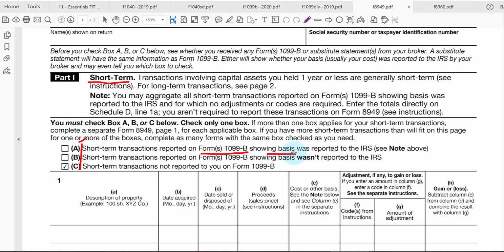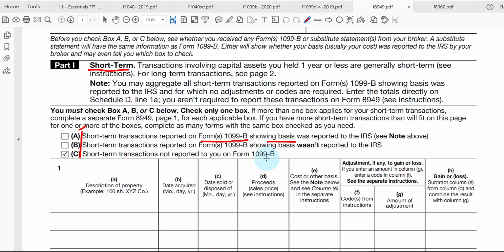So what we would do is write in the detailed transaction describing what was sold, the date the taxpayer bought it, the date the taxpayer sold it, the sales price, probably minusing out the selling expenses, and the cost basis that was reported to the IRS. And then probably for situation A, there's not going to be any adjustment to the gain or loss. Again, that would be the sales price minus the cost equals the gain or the loss.